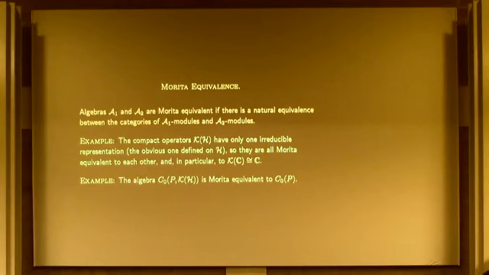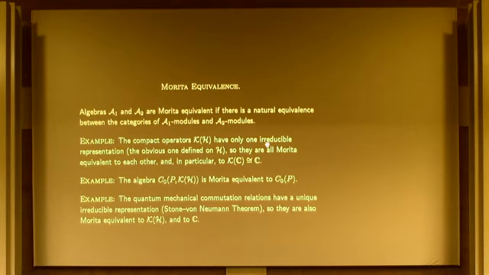If you took functions from some locally compact Hausdorff space into the compact operators, that would be Morita equivalent to the thing without the compacts there. And I guess the other example, which in something to do with quantum theory you can't leave out, is that in finite dimensions, the quantum mechanical commutation relations have a unique irreducible representation by the Stone-von Neumann theorem, so they're also Morita equivalent to those above.